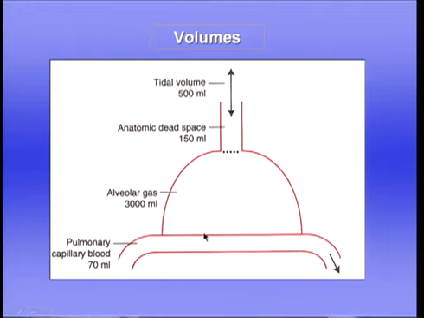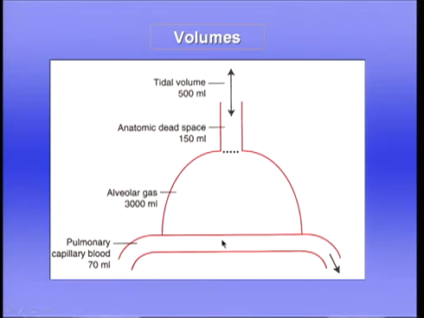Now, when we go across the blood-gas barrier, we're in for a surprise because the volume of blood in the pulmonary capillaries is only about 70 ml. So there's a big disparity between the volume of gas in the lung undergoing gas exchange at any instant and the volume of blood.